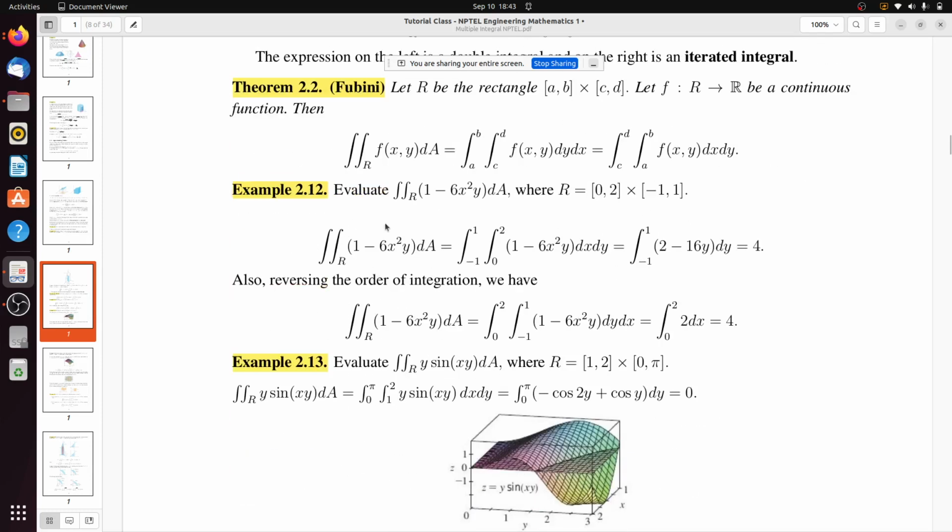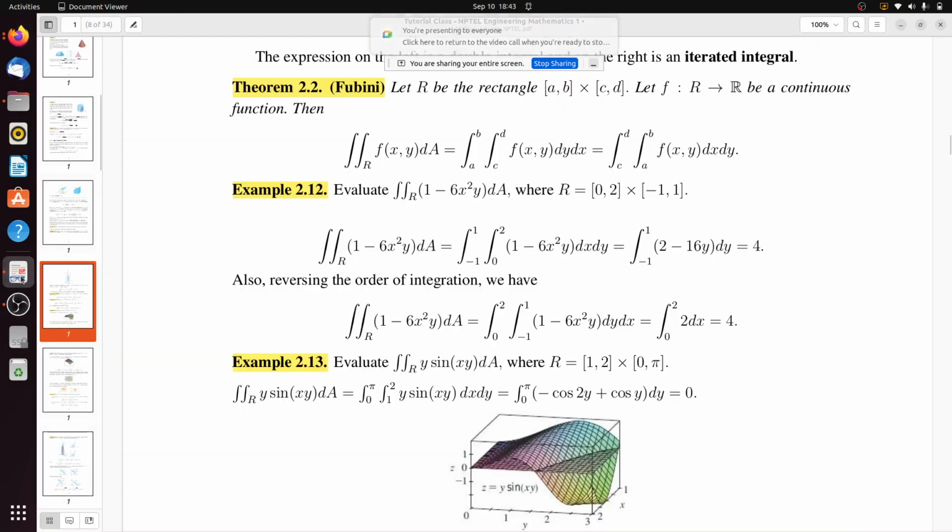See here how they are solving this. Evaluate the integral over R, and R is actually the rectangular region 0 to 2 cross minus 1 to 1.